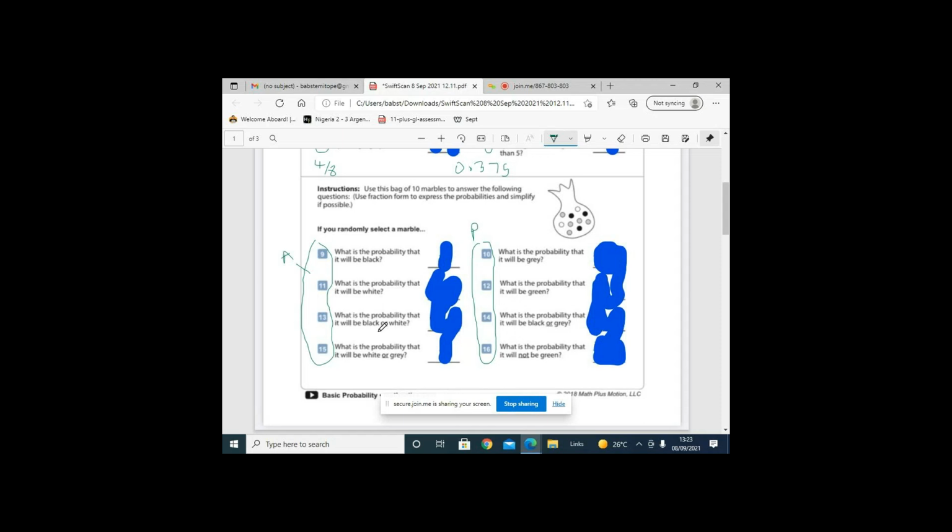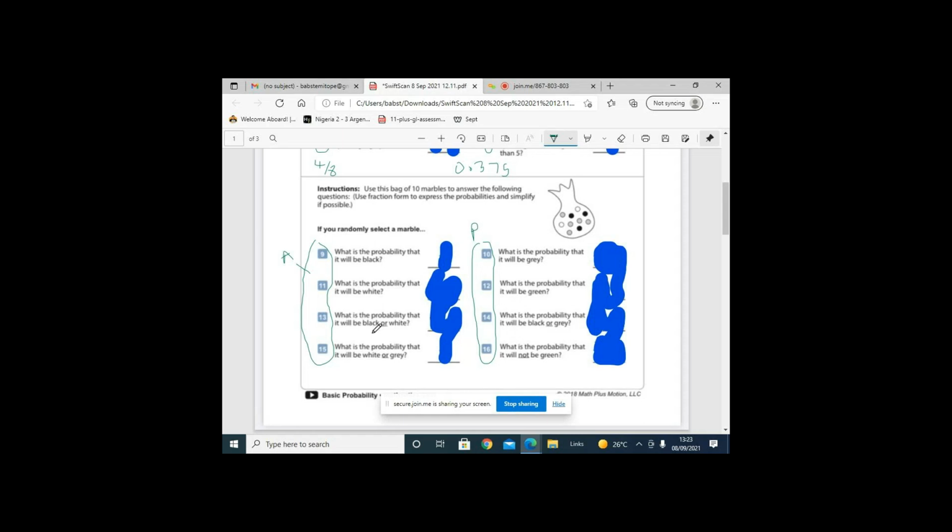Should I have a go? Yeah. The first question is, what is the probability that it will be black? That's 3/10. So what's the right answer as a decimal? The decimal is 0.3 and the percentage is 30%. Good.